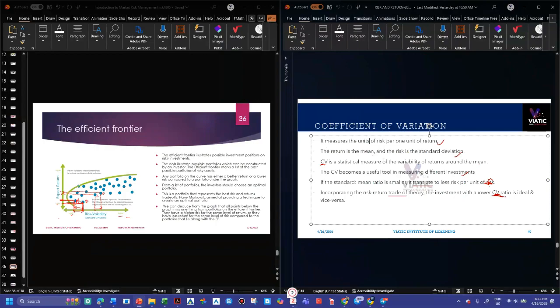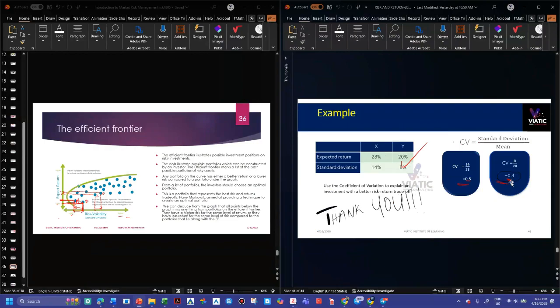CV is a statistical measure of the variability of returns around the mean, or around the expected return. The mean, guys, is the expected return, right? The CV becomes a useful tool in measuring different investments. If the standard deviation to mean ratio is smaller, it translates to less risk per unit of return. It incorporates the risk-return trade-off theory. The investment with the lower CV is ideal and vice versa.